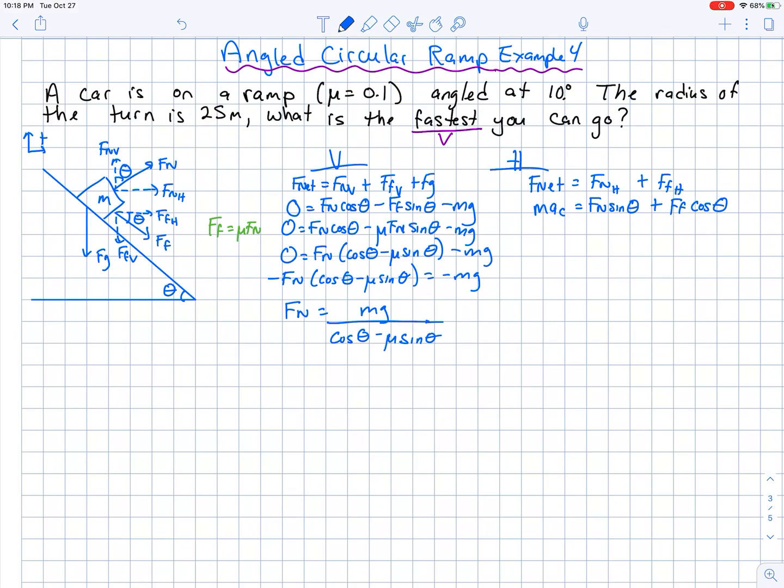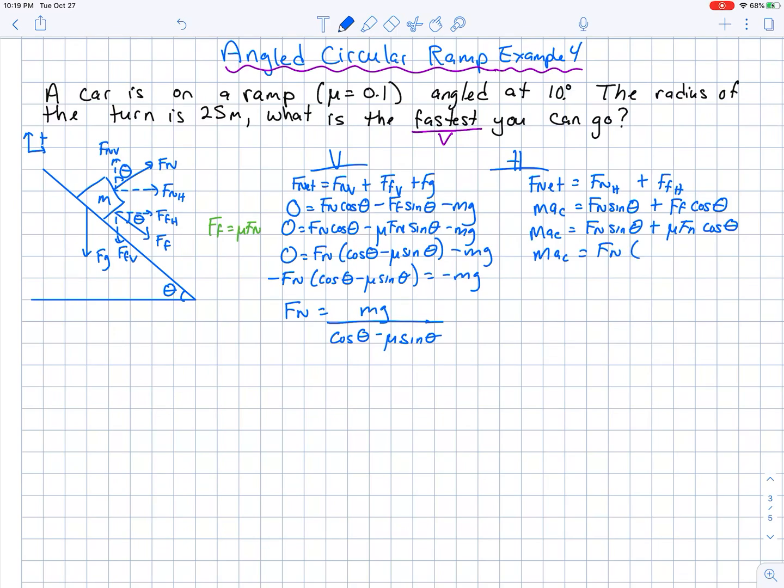So we get plus Ff, and it's going to be cosine of theta. We're not going to substitute in for the centripetal acceleration at this point. We'll just keep that as m a_c for now as we work with the right-hand side. So m a_c is equal to, what we're going to do is do that same substitution for the frictional force. So we get Fn sine theta plus mu Fn cosine of theta.